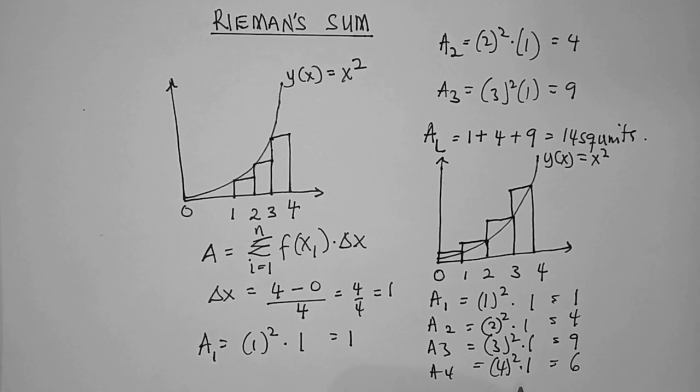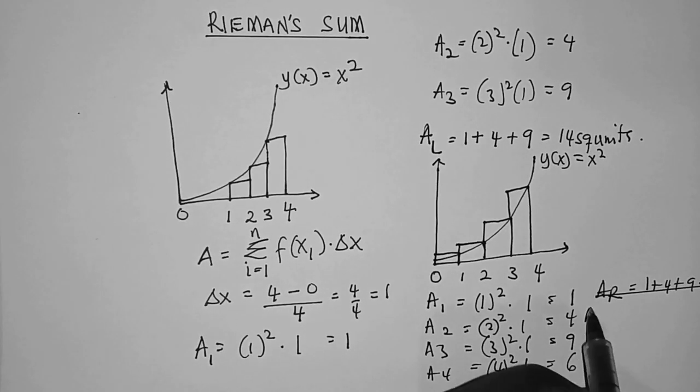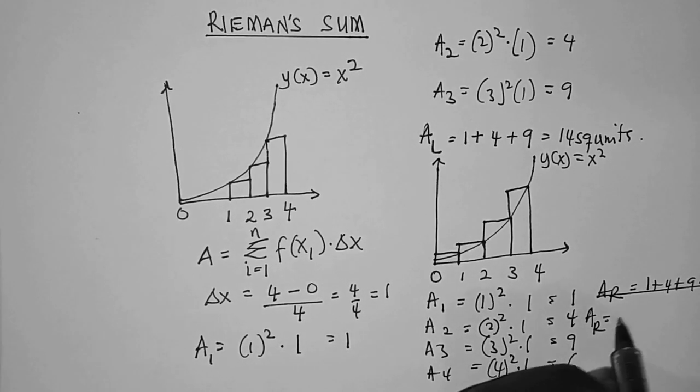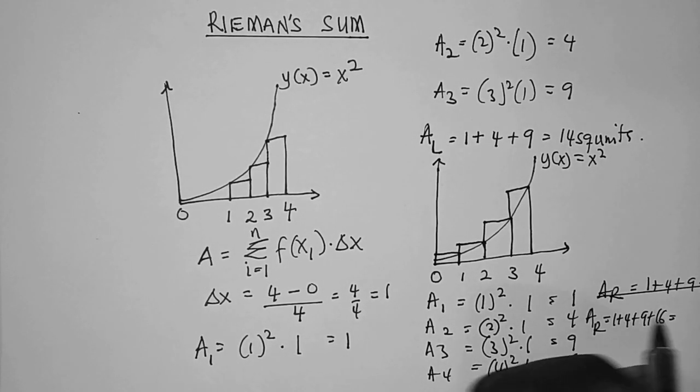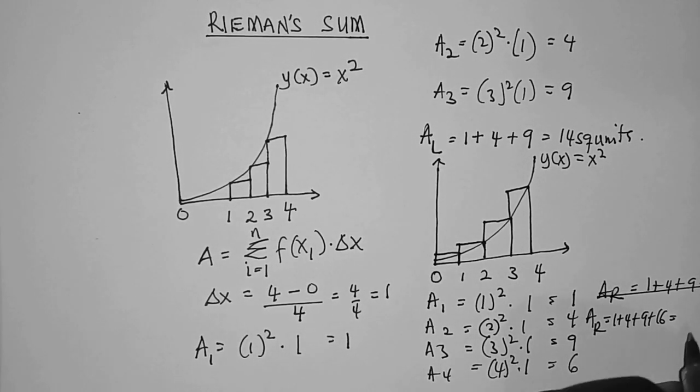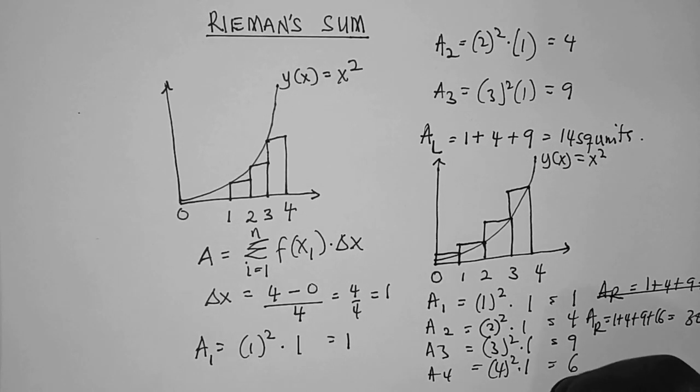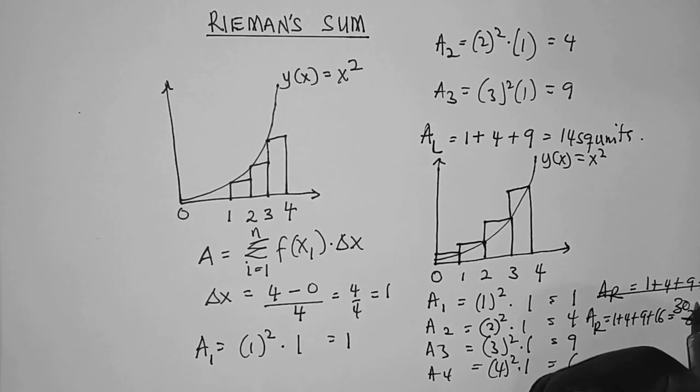So at the end of the day, if we add all, A_R, which is the area for the right endpoint, is 1 plus 4 plus 9 plus 16, which is equal to 30 square units.